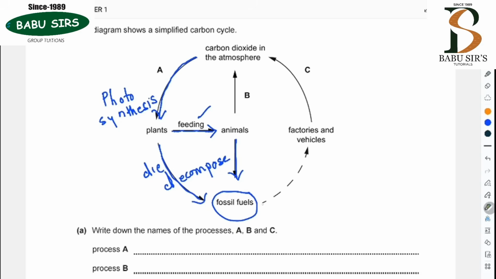Now this fossil fuel, that is petrol, diesel, kerosene, everything, will be used in factories or in your vehicles, that is your cars and all that. And factories and vehicles will burn these fossil fuels. And carbon dioxide will return back to the atmosphere. So burning these fossil fuels is nothing but combustion.